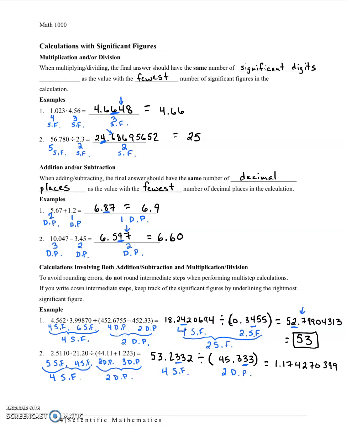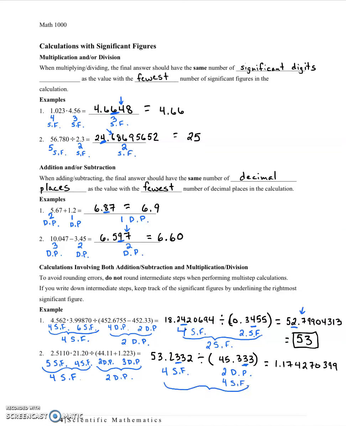1.174270399. Now when we divide, okay, the 2 decimal places means we have 4 significant figures, right? So that's 4 significant figures.